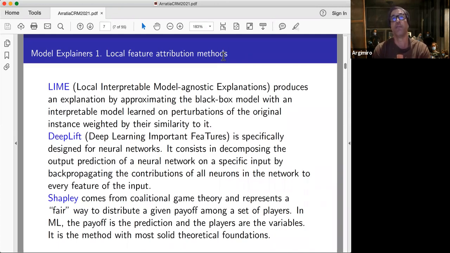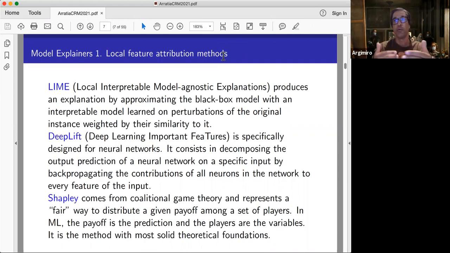And there is this axiomatic definition of being fair, right? Like, if you contribute nothing to the game, or you have an empty coalition, you get zero payoff, and the contribution should be additive. If you get more players into your coalition, then your payoff should increase, and so on.